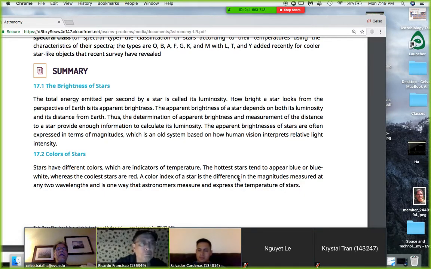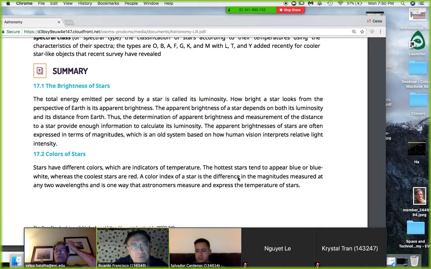The following chapter, chapter 18, discusses how consecutive observations of a binary system can tell you about the size of the system itself. It can tell us, by use of Newton's law, what the total mass of that system is.